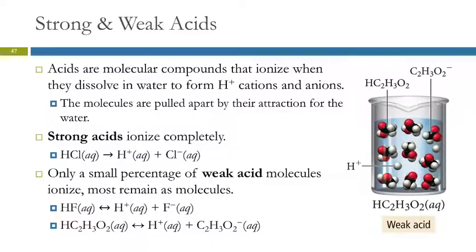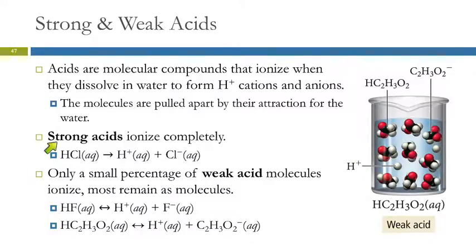So they're not ions in their pure form, but when you put them in water, the attraction they have for the water molecules is so strong that it actually pulls the molecule apart into two ions. So here we have acetic acid, and this acidic hydrogen on the acetic acid, that's a tongue twister, gets pulled off, leaving the acetate ion, and then here's the hydrogen ion.